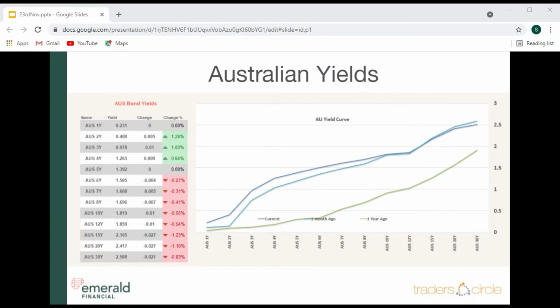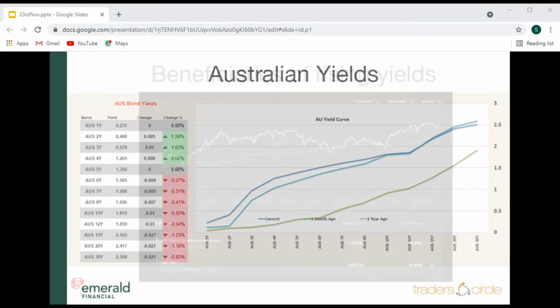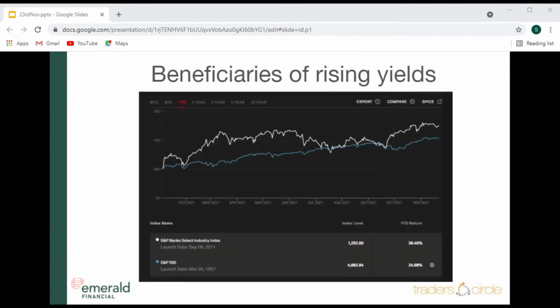If you look at the large US banks, they trade in a much more traditional value range of around 10 times earnings. So the US banks have been performing extremely well during the period of low interest rates rising to higher interest rates, during the period of monetary policy tightening that we started to see.